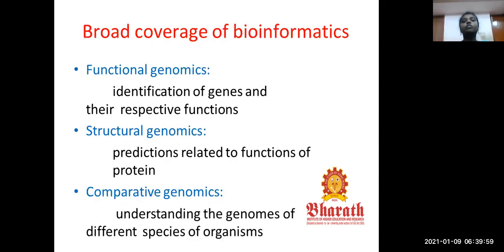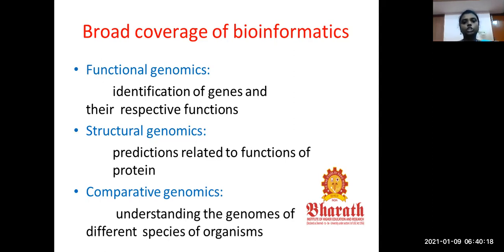Functional genomics means the identification of genes and their respective functions. So with the use of bioinformatics, we are able to identify the genes and their functions.